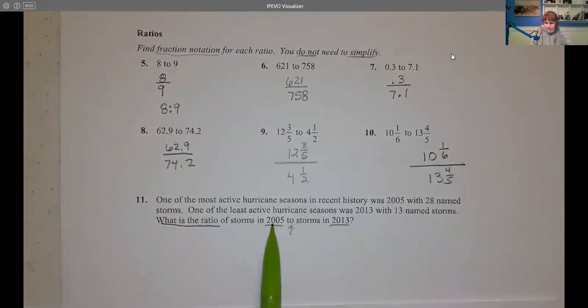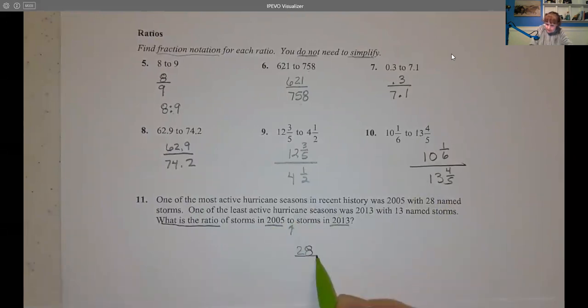So order matters. And because you came to this first in the reading, the 2005 storms will go in the numerator, which would be 28, over the storms in 2013, which is 13. It doesn't say to simplify, which you couldn't, because nothing goes into 28 and 13. So you would leave it like that. That's your answer.